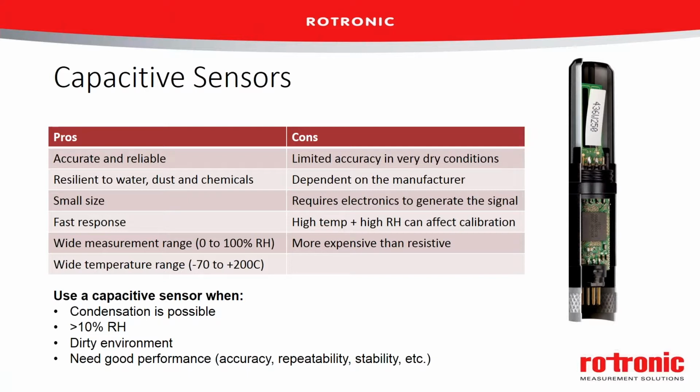Dust will potentially slow down the response time as it clogs pores, but that's about it. And if we need good performance, a good combination of accuracy, repeatability, and stability, that's where capacitive sensors really stand out. And with that, I'll pass it back to Bruce for our next quiz.